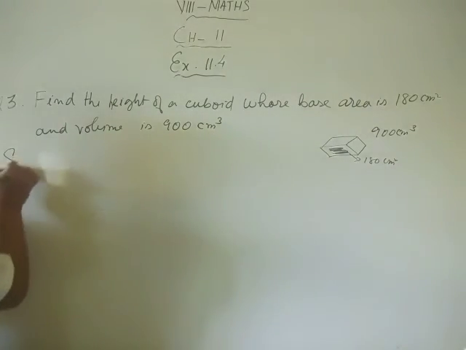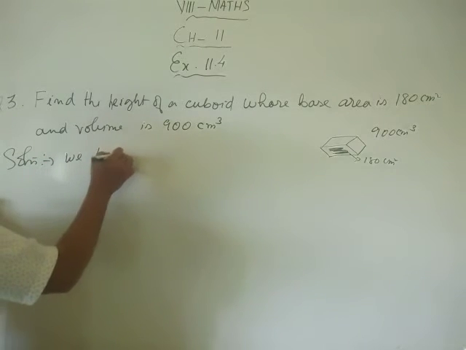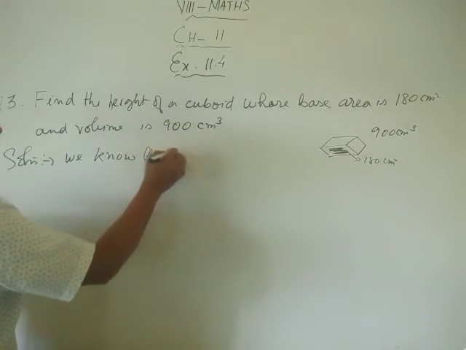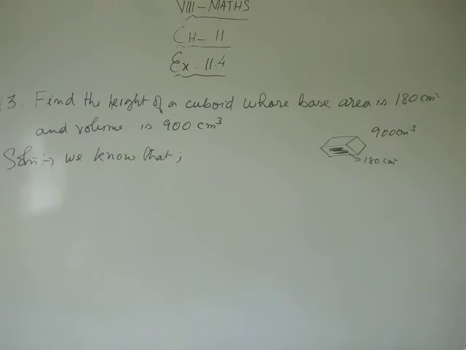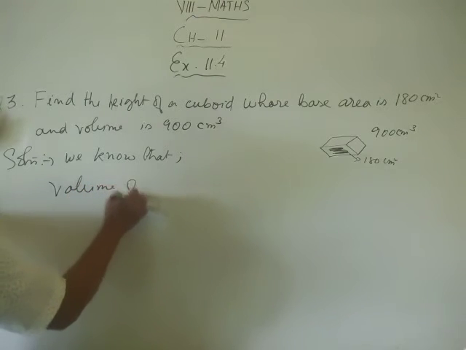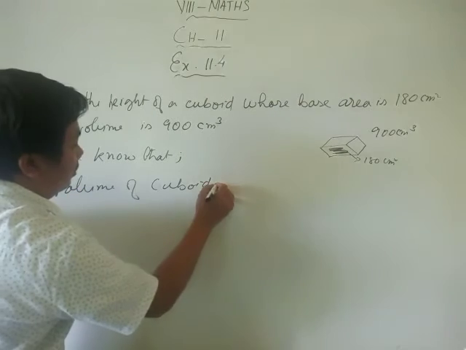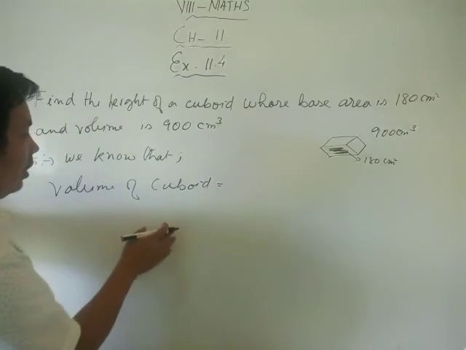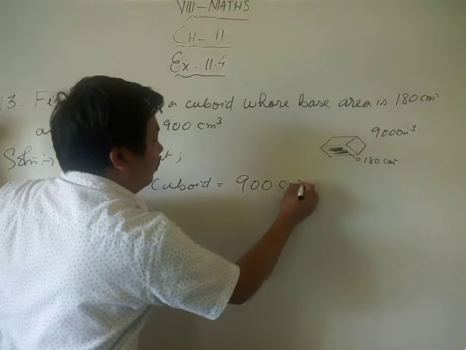So in the solution, we know that the volume of cuboid is equal to 900 centimeter cube.